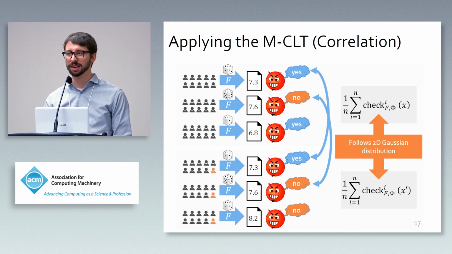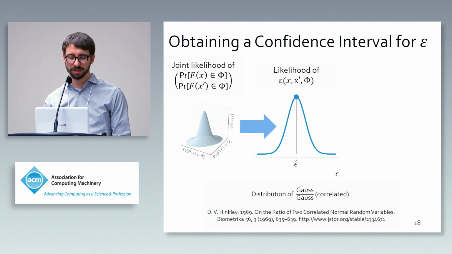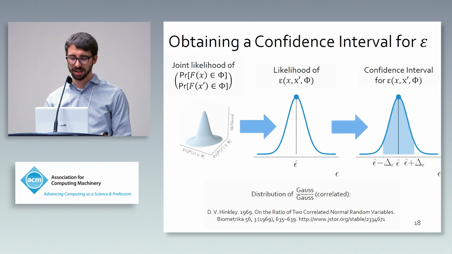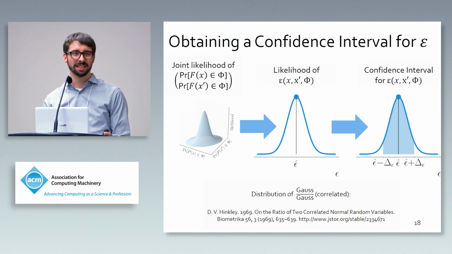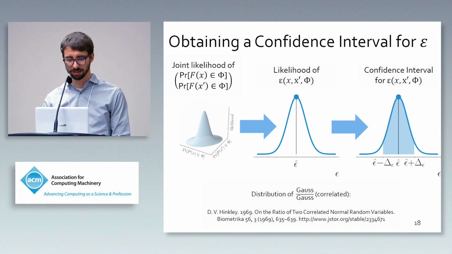As a consequence, this means that our estimates follow a joint Gaussian distribution that is highly correlated. And if we can determine this joint Gaussian distribution, which I visualize here, this gives us a joint Gaussian distribution of the two probabilities, then using existing work, we can estimate the distribution of the likelihood of epsilon, which in turn allows us to estimate the confidence interval for epsilon. As I said, the details of this are in the paper, but this was just to give you a quick overview of the relevant techniques to do this.